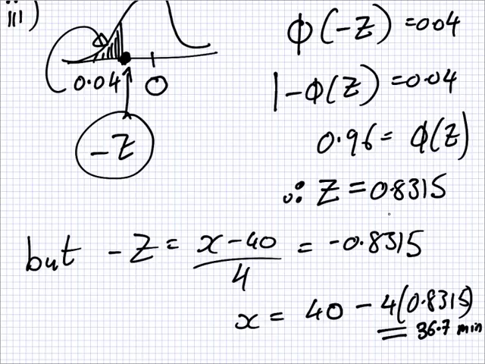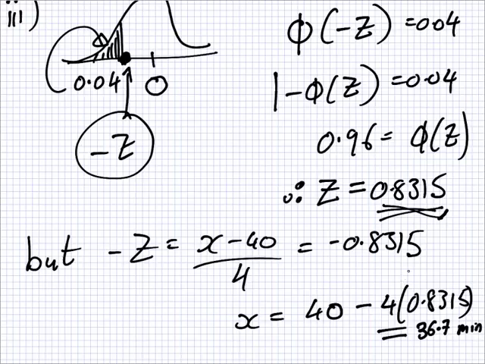You get 1.75 to get 0.96. An area of 0.96, that's 0.9600. Yeah, 0.9599. 1.75. You have to look at it backward.